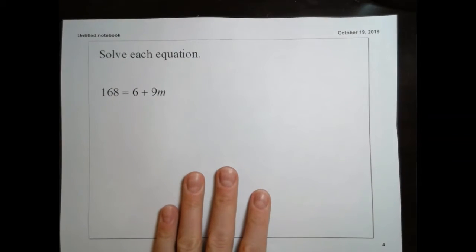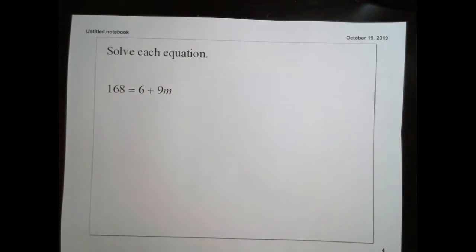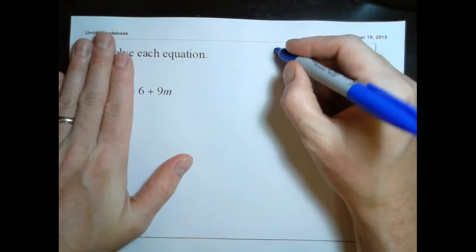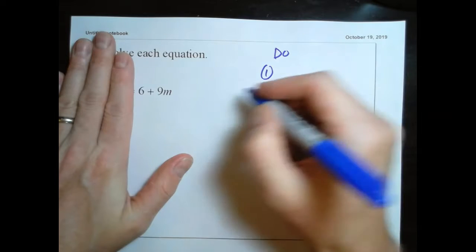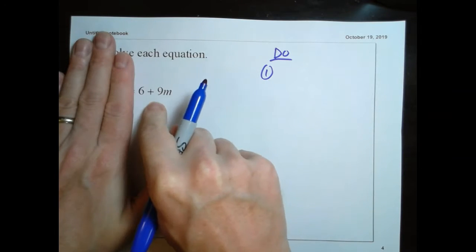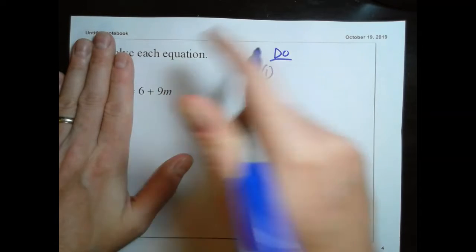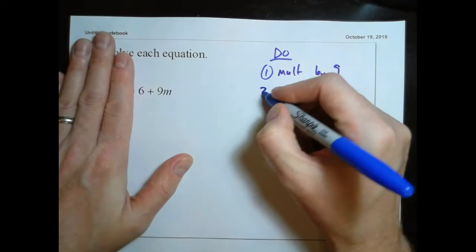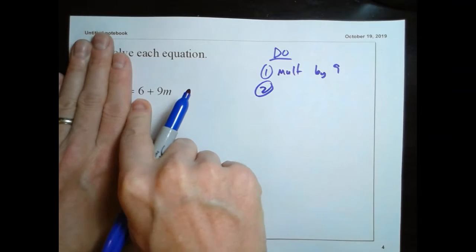168 equals 6 plus 9m. So again, if I ignore this part here, the first thing I would do is multiply by 9. If I plug the number in, it'd be 9 times that number, then I'd add 6. This is 6 plus 9m.